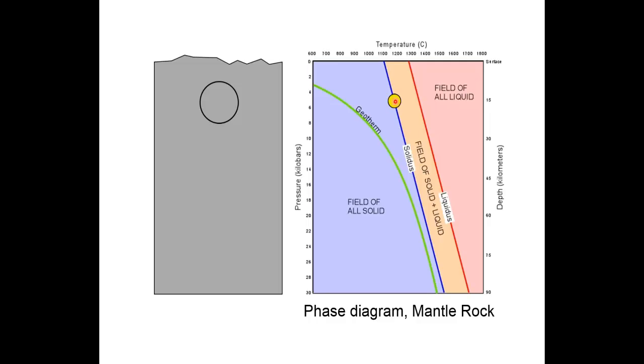As it rises vertically on this diagram, it eventually encounters and then ultimately crosses this blue line, the solidus, which represents the transition from all solid to solid plus liquid. And as it does that, the rock will begin to melt. It'll partially melt. Those partial melts will become squeezed out and rise to the surface and produce some kind of volcanism along the surface. This is the process of decompression melting.